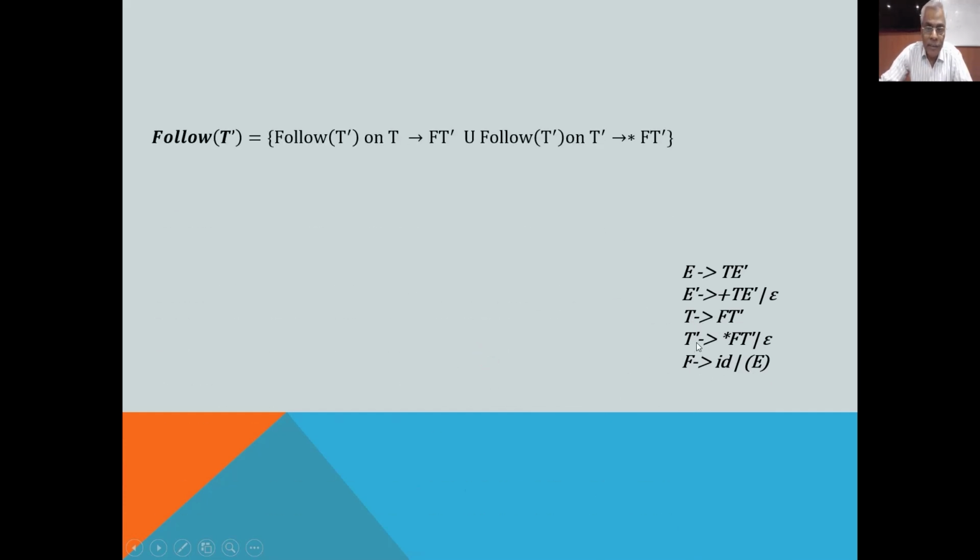Next is T dash, and this T dash is present in two different productions, T to FT dash and T dash to star FT dash. So I have written here follow of T dash on T to FT dash union follow of this T dash on T dash to star FT dash. From follow of T dash on T, we find the follow of T union this rule. Follow of T, why follow of T?